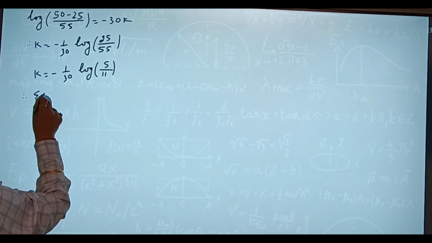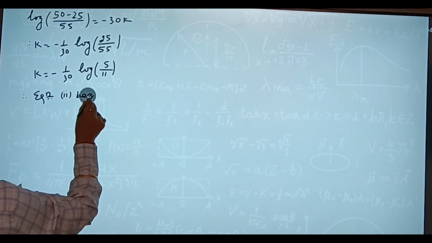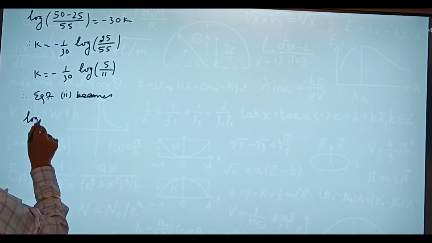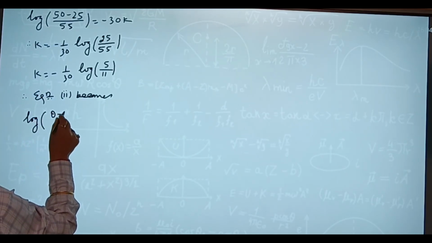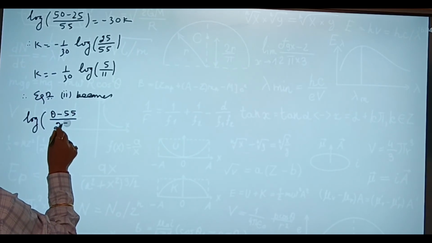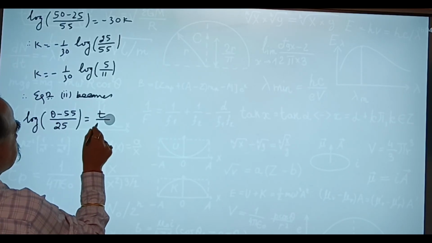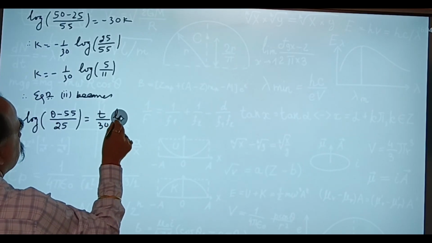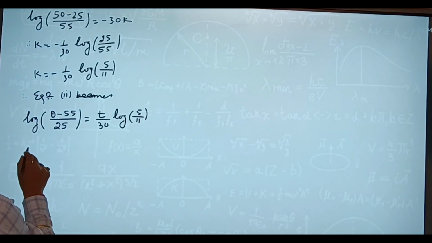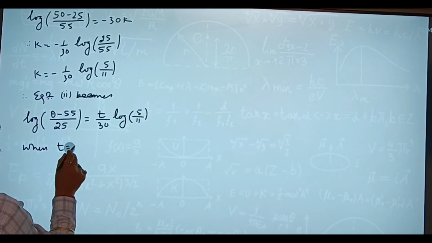Therefore, equation 2 becomes log of (theta minus 25) upon 55 is equal to minus t by 30 times minus log 5 by 11, that is t by 30 log 5 by 11. Now, when time is 1 hour, 1 hour means 60 minutes.